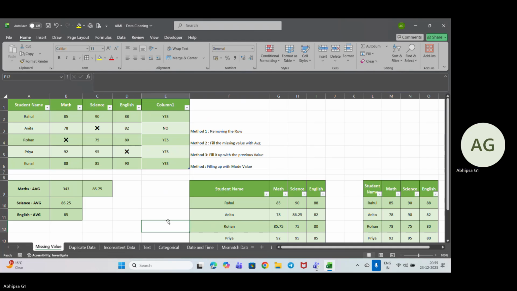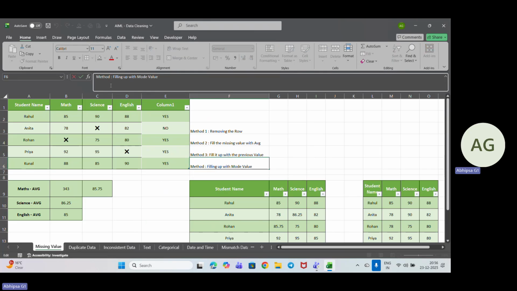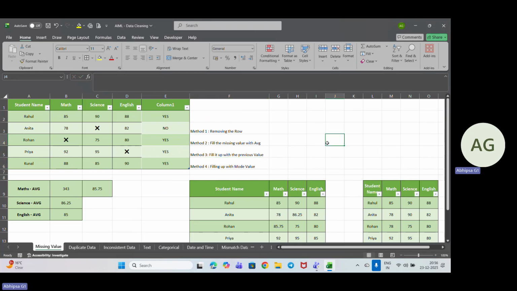Okay, now we have discussed four methods: method 1, method 2, method 3 and method 4. Method 1 is removing the rows, which we can do when only a few missing values or rows are there, then we can delete them. Next, fill the missing value with the average.